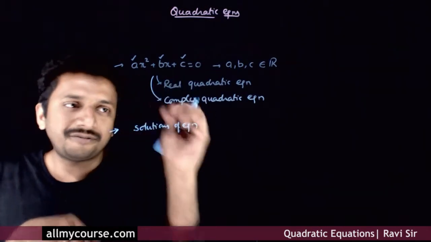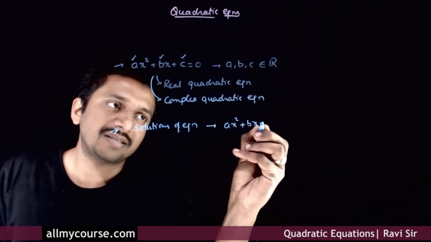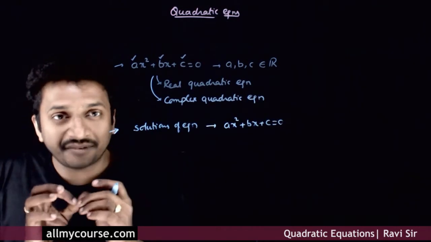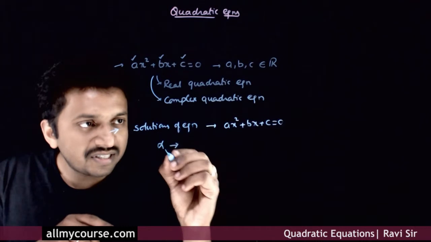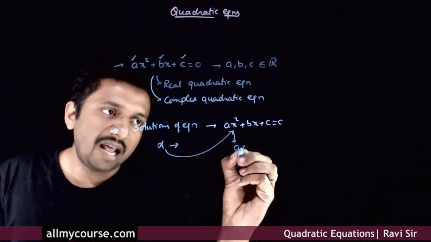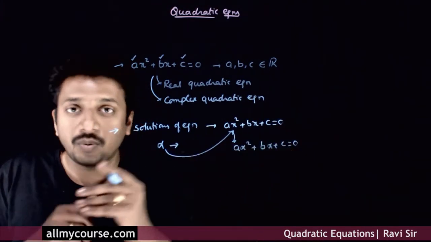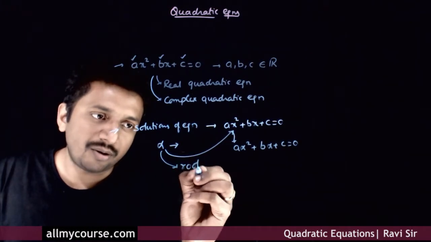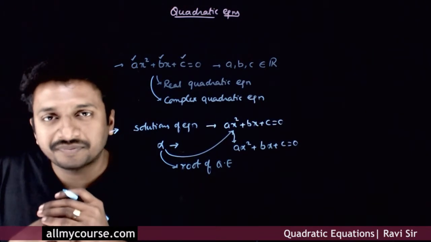Now if you have the equation ax² + bx + c = 0, and you have a number alpha which satisfies this equation, that is, aα² + bα + c = 0, then we say that alpha is a root of the quadratic equation.